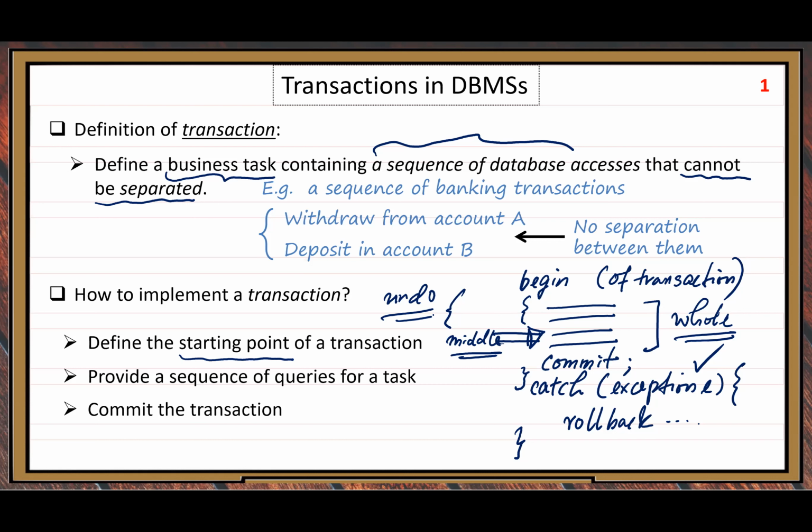So you have to undo the part that has been done, back to the beginning point. No damage, nothing happens before that beginning point. This protects your business task.